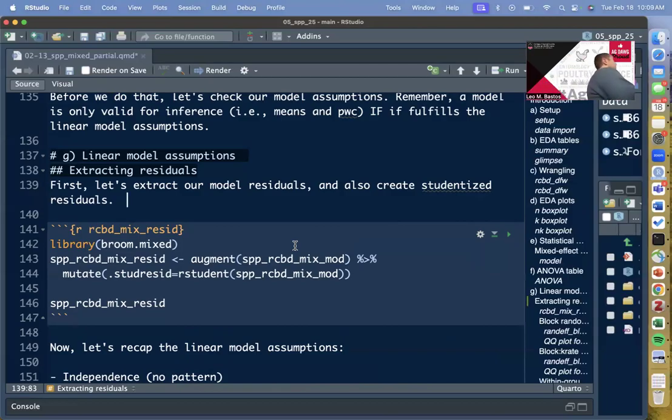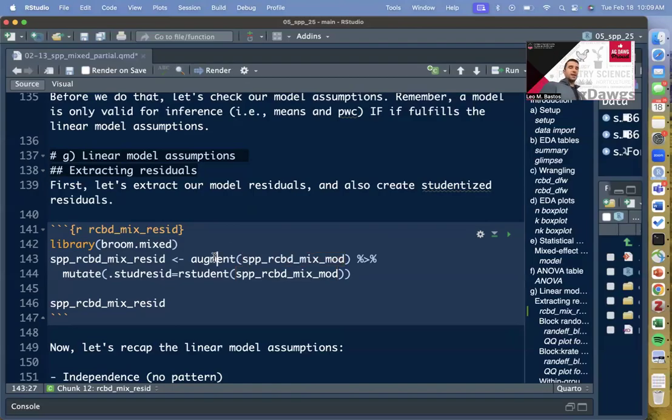We have to check for it. If you go back to the lecture, we have that specification for both the random effects and the residual. Therefore, we have to check some assumptions or all of them for the random effects and the residuals as well. So first, I'm just leaving you here the code for us to extract the residuals of the model.